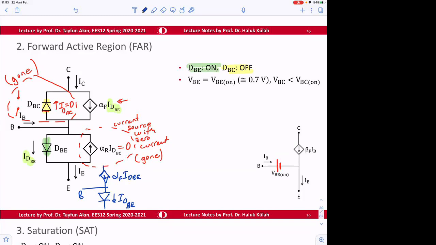So if we replace this with the model of the diode, we said that the model of the diode can be like this. This is 0.7 volts, and then there's going to be this element. What is this element?